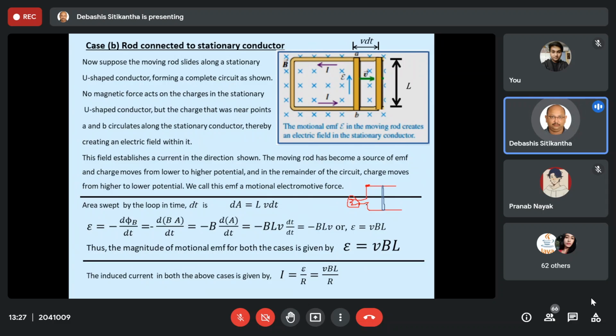But in order to make you understand, I have cut this one and connected two wires to a bulb. Now let us see what is going to happen. This entire arrangement is kept inside a uniform magnetic field like this. So inside this uniform magnetic field, I have this U-shaped conductor and this isolated conductor.